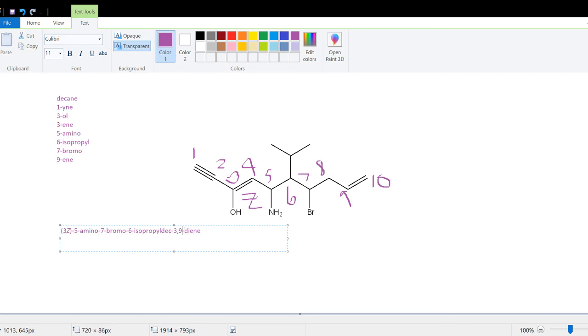If you wrote down dec-3,9-diene, I wouldn't take off the A. It technically gets an A there because it sounds weird without it, so they made it have an A in it. 3,9-diene, but I have to cut off that last E and put on the alkyne, but then I have to cut off that last E and put on the alcohol. So, 3Z, 5-amino, 7-bromo, 6-isopropyl, deca-3,9-dien-1-yn-3-ol. Just rolls off the tongue, doesn't it?